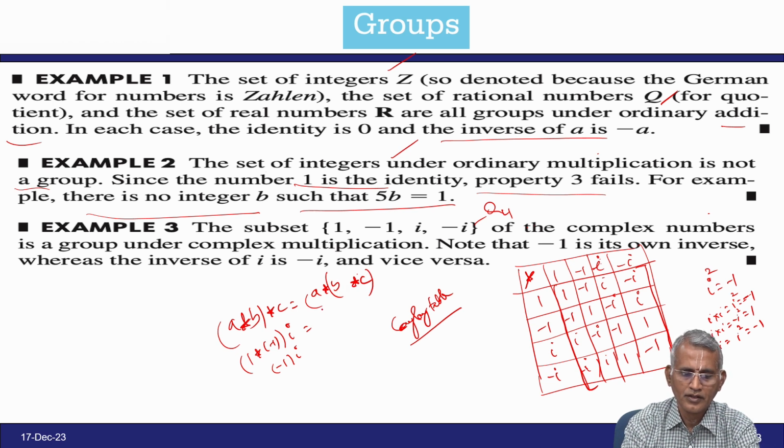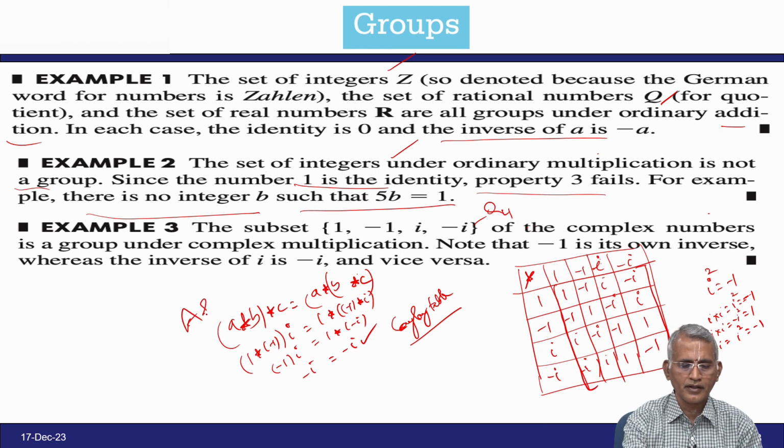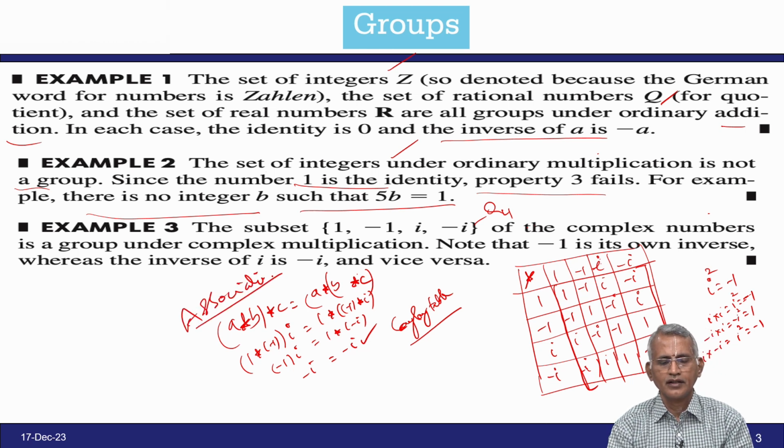So, that is 1 star of minus 1 into I, you take it. So, it becomes 1 star of minus I. So, here minus I, here minus I, therefore, it satisfies the associative property. This is associative property, satisfied.